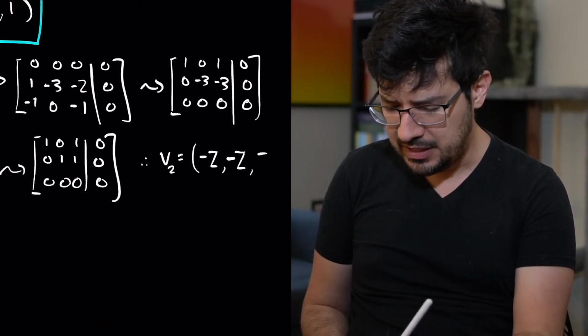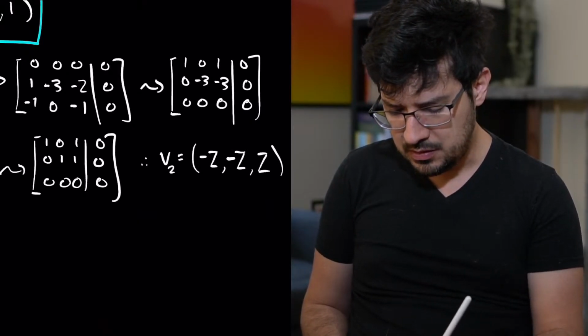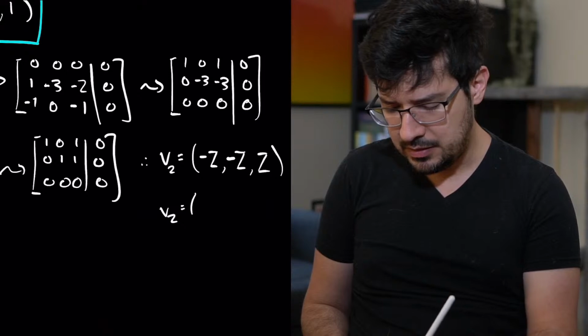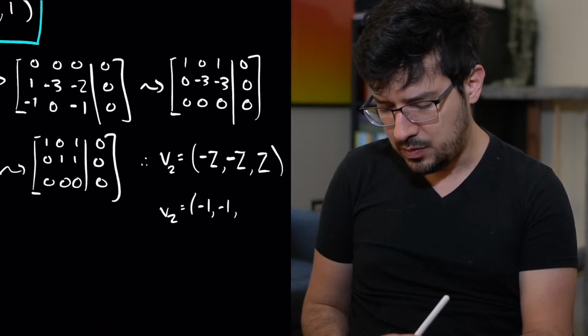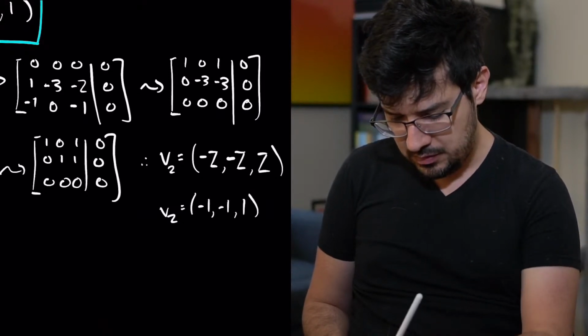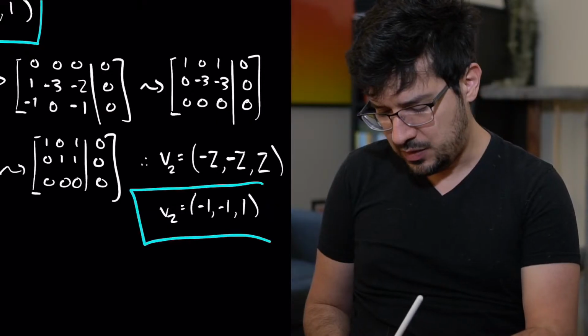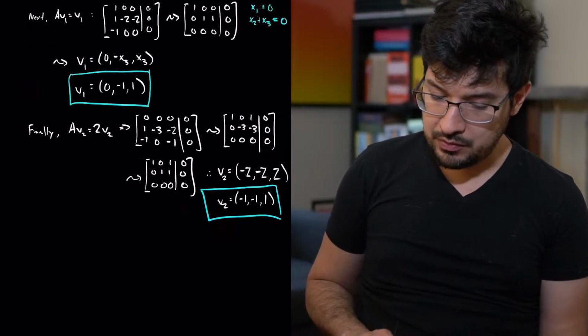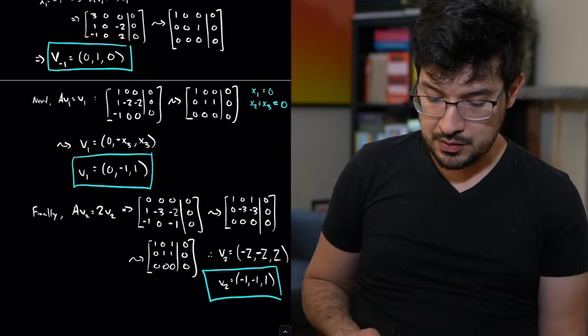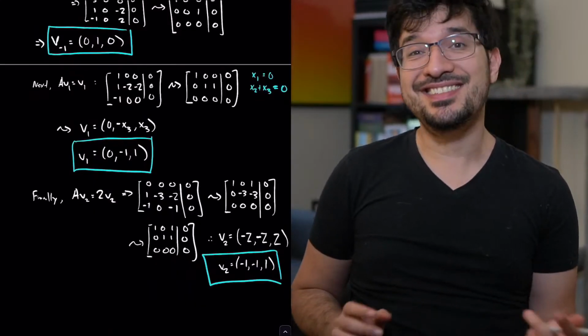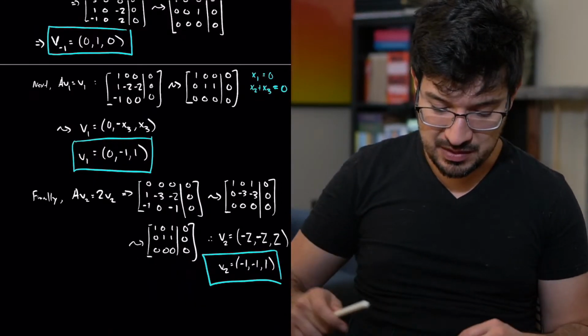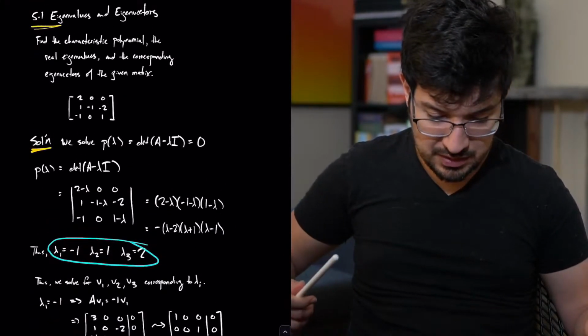And z can be anything. So in particular, I can take -1, -1, 1. Or 1, 1, -1 also works. So those are our 3 eigenvectors. And I think that we're all done with this problem.